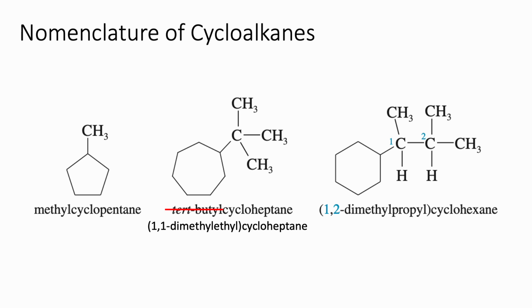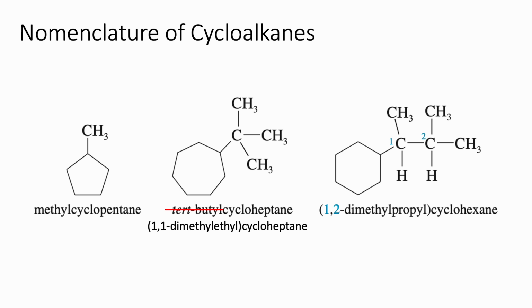Notice how there's no numbering here. We don't call it 1-methyl cyclopentane or 2-methyl cyclopentane. Because the ring is continuous in a circle, there is no beginning or end like there is in a chain, so it's ambiguous where carbon 1 starts.